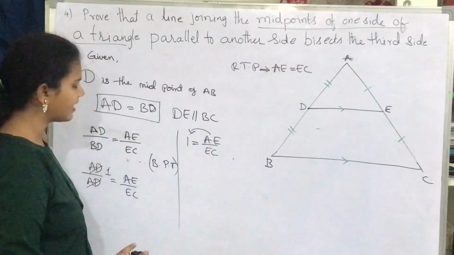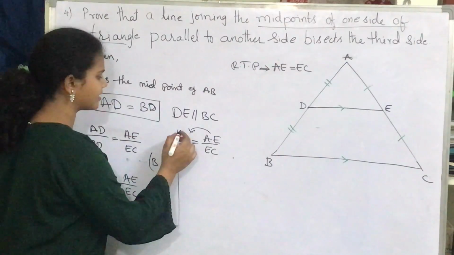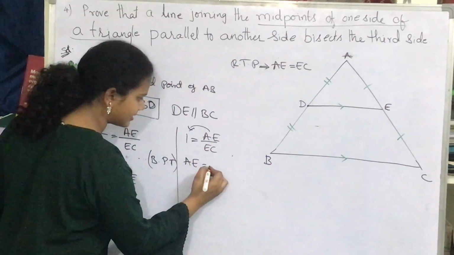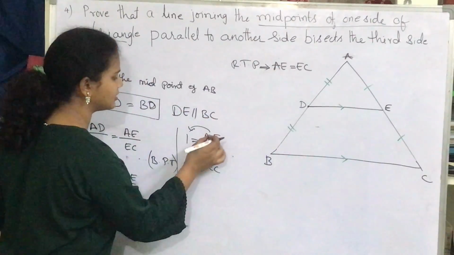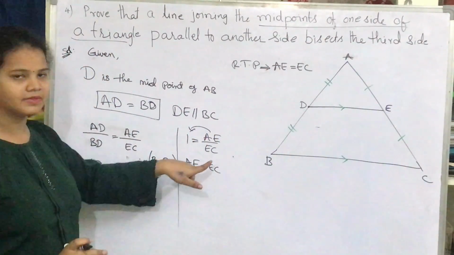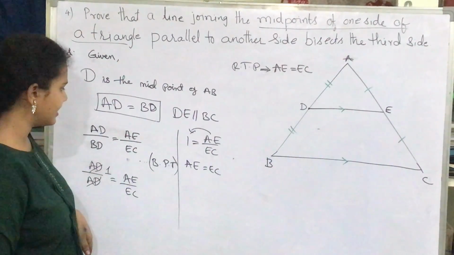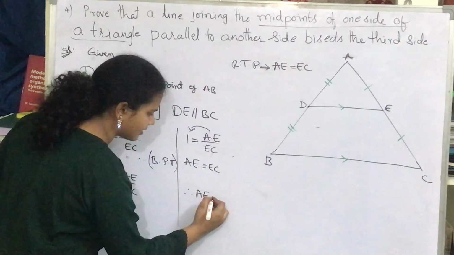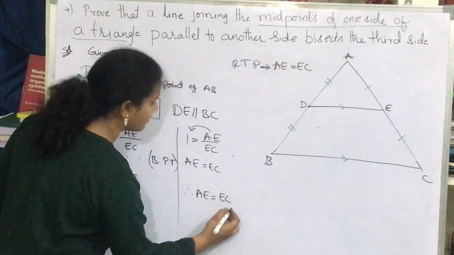Here AE is getting divided, so if I transpose this, it becomes multiplied, and I can write AE equals EC. So to get AE equals EC, I have transposed AE firstly. Therefore, I can write AE equals EC.